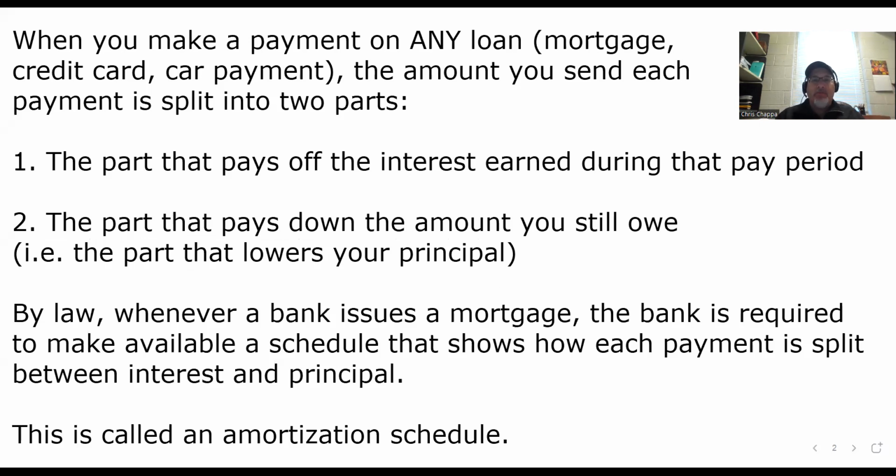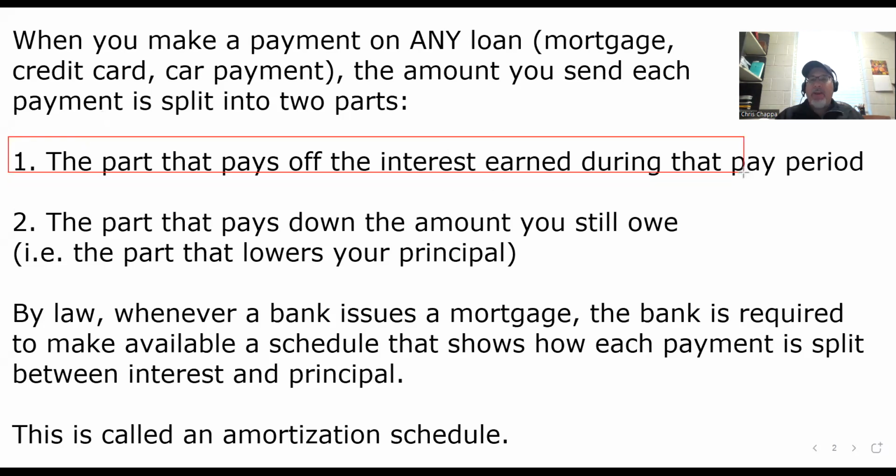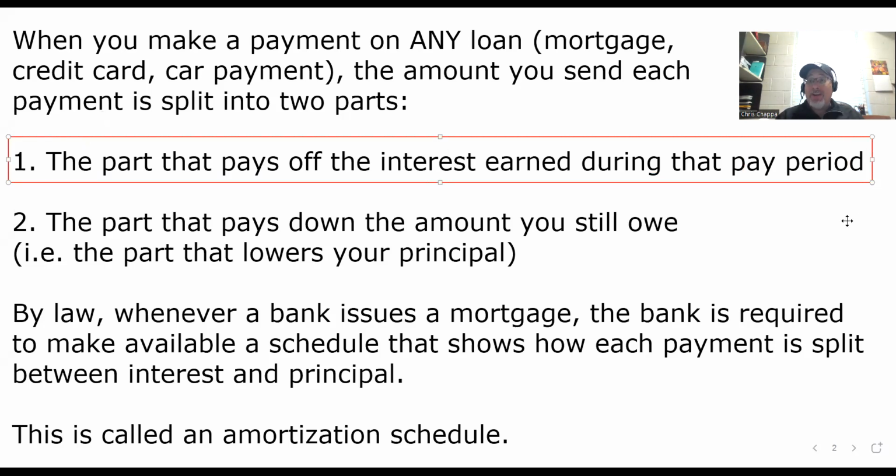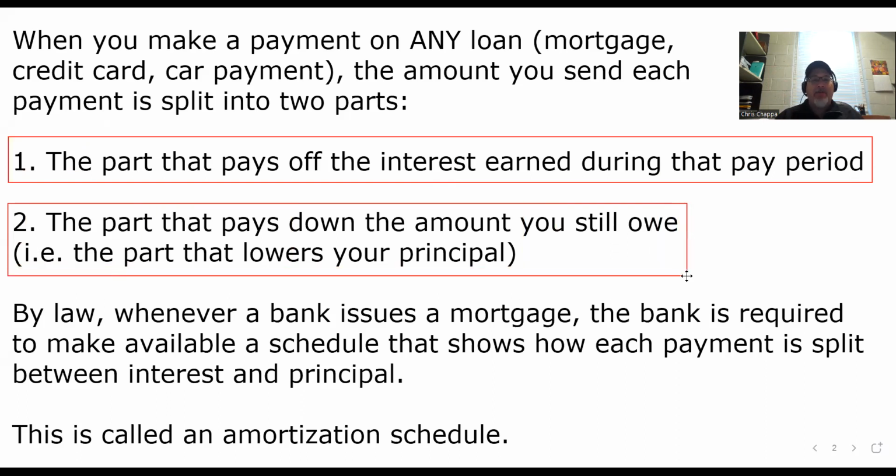Part number one, the part that pays off the interest earned during that pay period. Because as you owe the bank money, the interest clock is running. And every time you make a payment, they say, we're going to take out our interest first. And the second part of the payment is the part that pays down the amount you still owe. In other words, the part that lowers your principal.